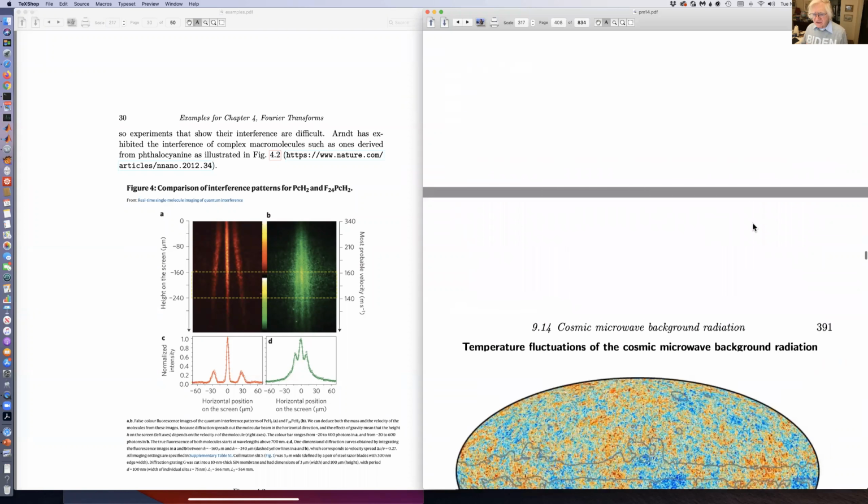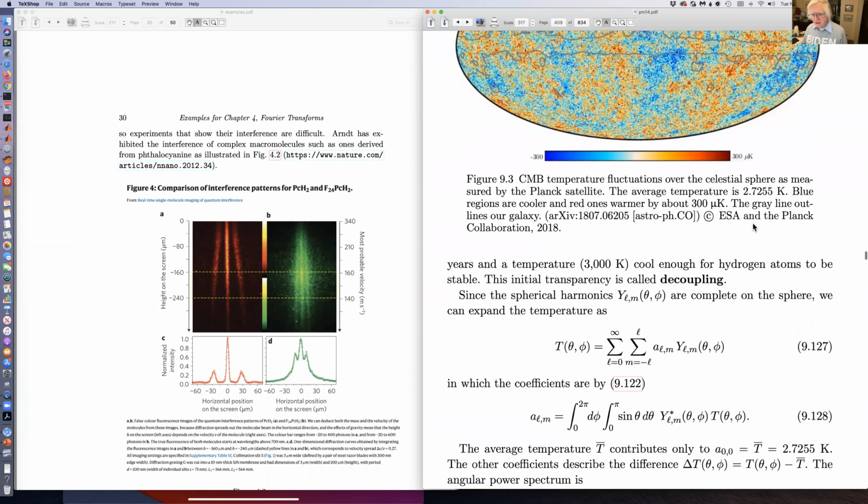And so basically what was happening was that up until about 380,000 years after the time of infinite temperature, or infinite redshift, the photons were interacting with atoms.